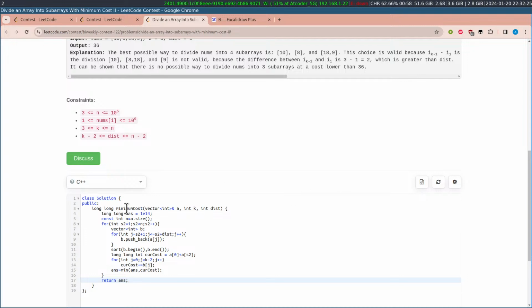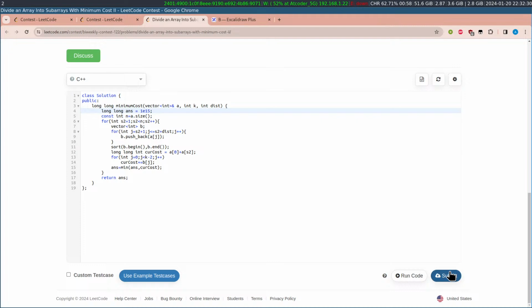This is the correct algorithm, but it will give TLE. So let's just submit it.